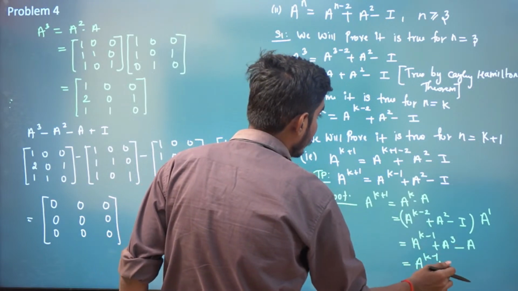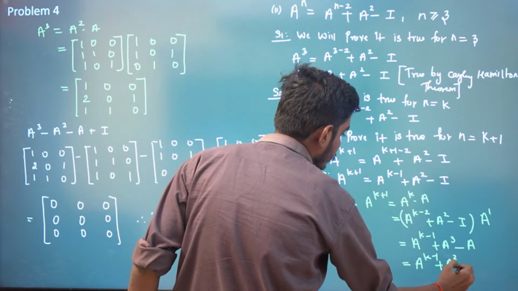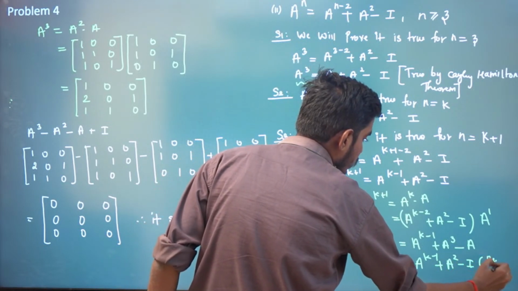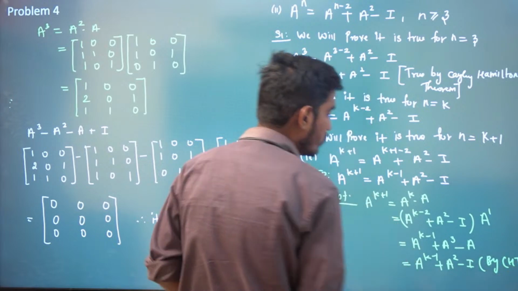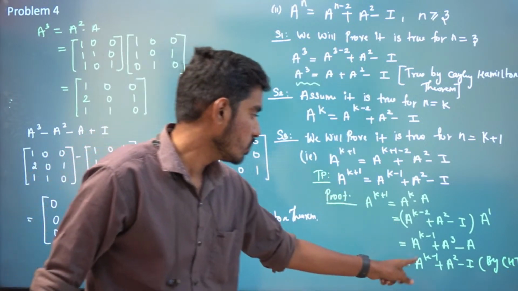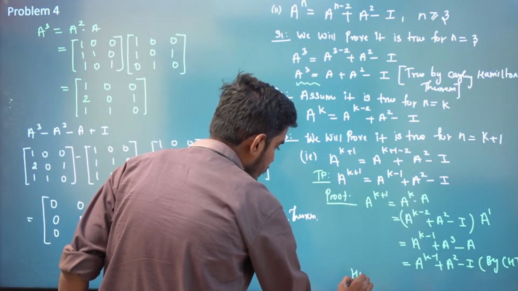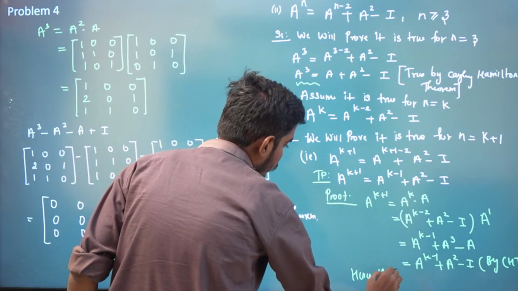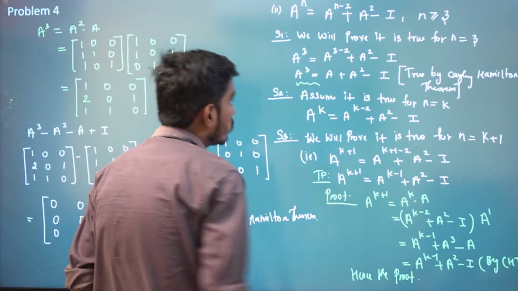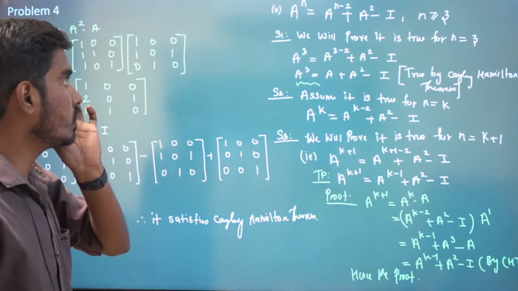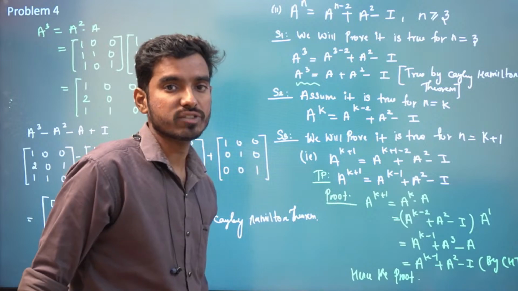Can I write a cube minus a as a square minus I by the Cayley-Hamilton theorem? So we have proved a power k plus 1 is equal to a power k minus 1 plus a square minus I. Hence the proof. Therefore a power n is equal to a power n minus 2 plus a square minus I.